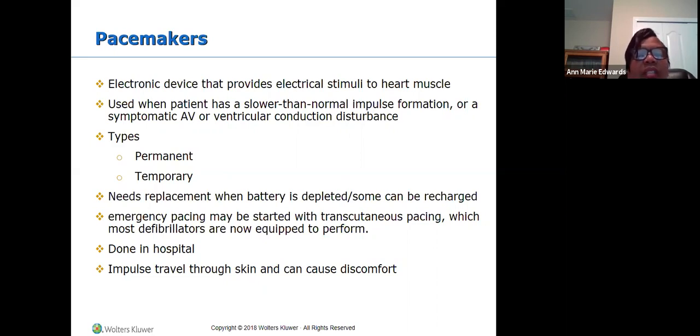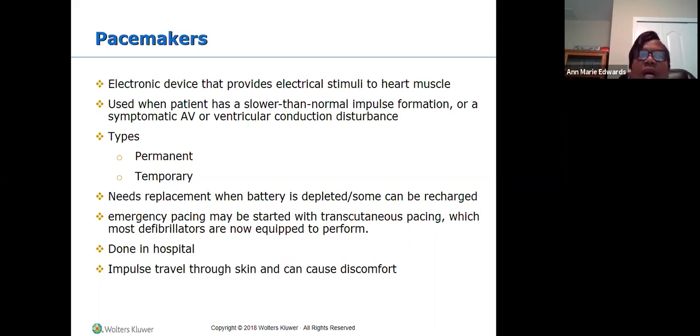Pacemakers are electronic devices that provide electrical stimuli to heart muscles. Pacemakers are used when a patient has a slower than normal impulse formation or a symptomatic atrioventricular or ventricular conduction disturbance. Types of pacemakers are permanent and temporary pacemakers. Pacemakers need replacement when the battery is depleted.